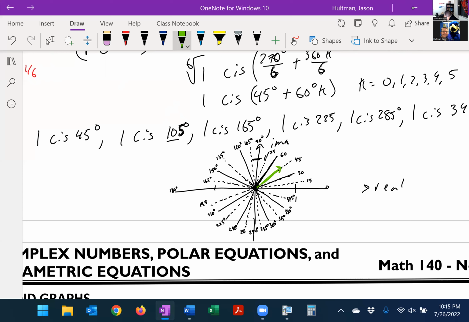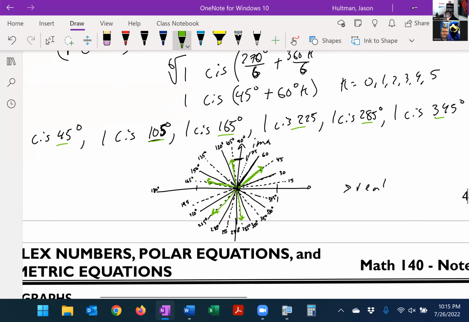Going out 105 degrees, there's my vector. 45, 105, 165 is next, going out 1 unit, there's my vector. And then 225, and then 285, and then 345 is the last one here.